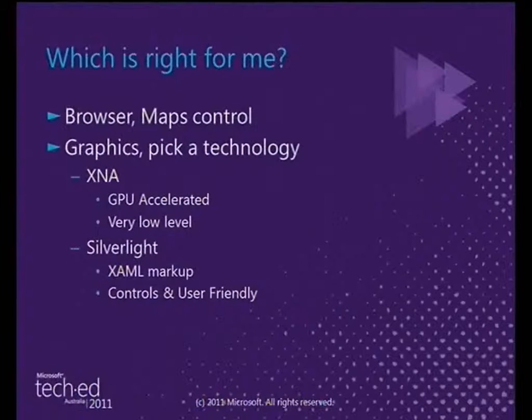So, for games and application development in Windows Phone now, you've got two technologies to pick, XNA and Silverlight. So the question is, which one is actually right for me to get my application or my game done? There's two real scenarios you need to think about before you pick the technology.